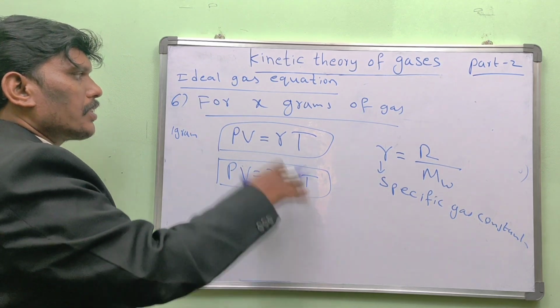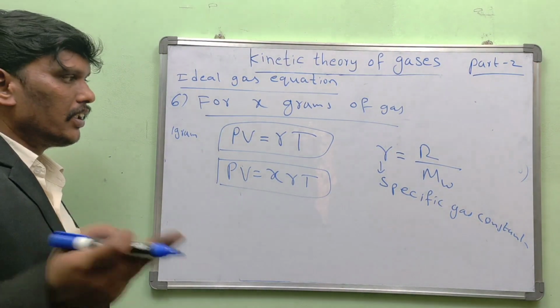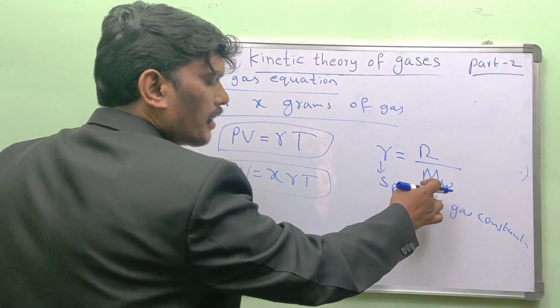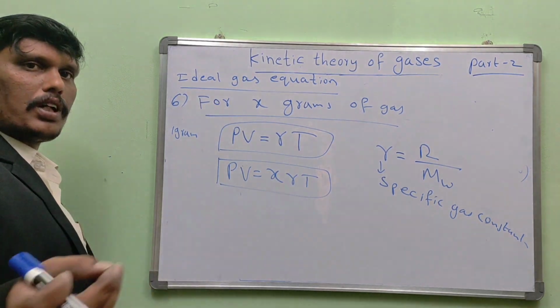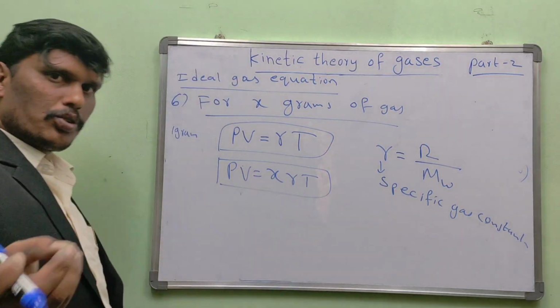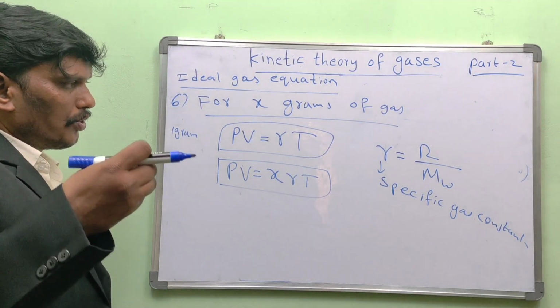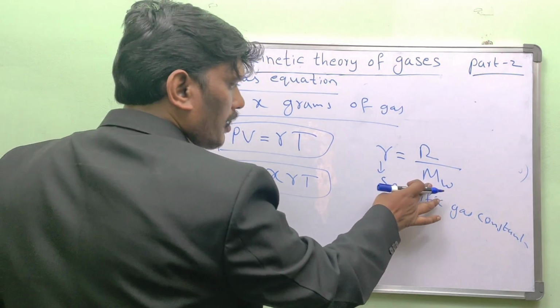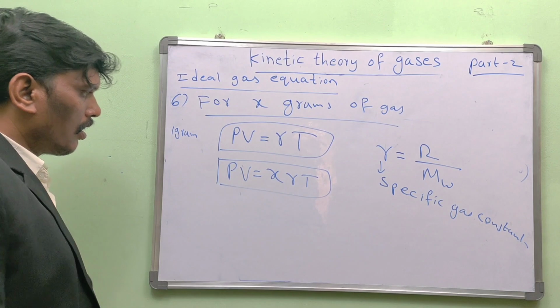Suppose the problem gives x grams of gas, say 5, 6 or 7 grams, and the molecular weight is given. Otherwise, we need to know the molecular weights of some common gases. Even if not given, we need to use the molecular weight and universal gas constant to calculate the specific gas constant.